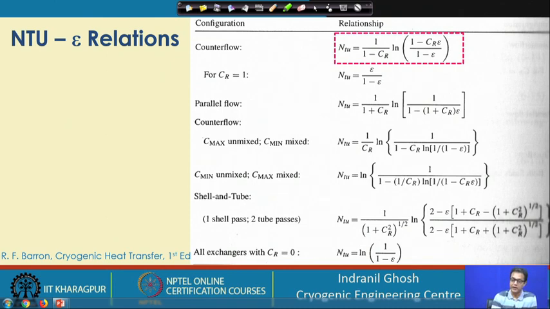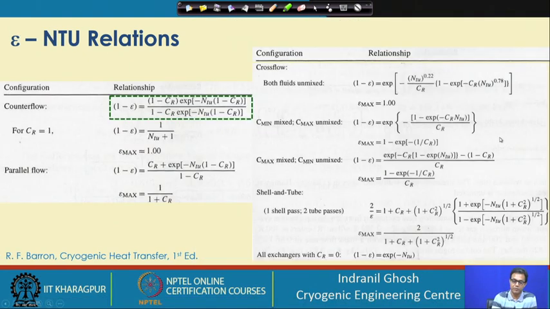But if NTU is known and we are trying to find out the epsilon, in that case we will have a slightly different relation. For the counter current exchanger, the corresponding expression would look like this.